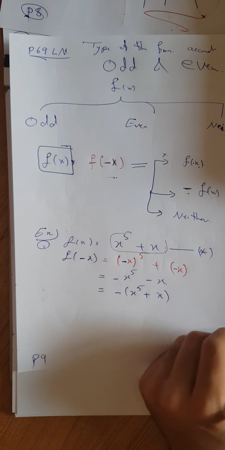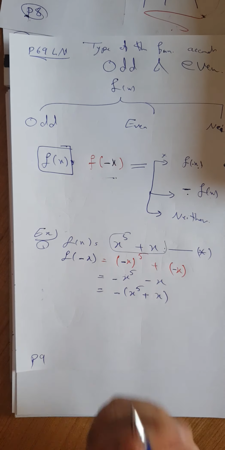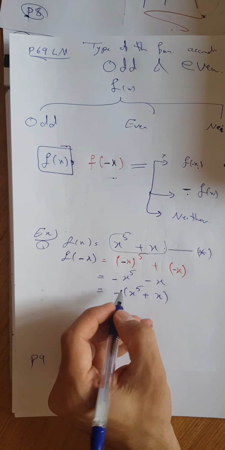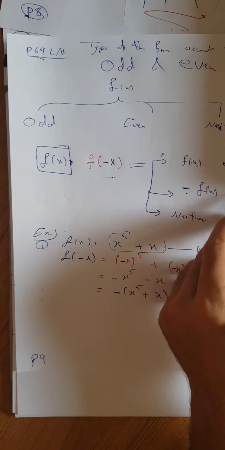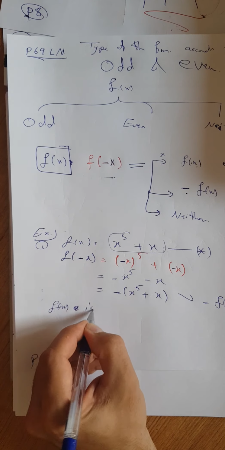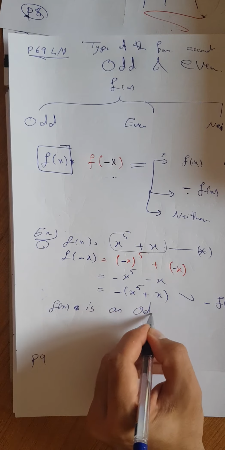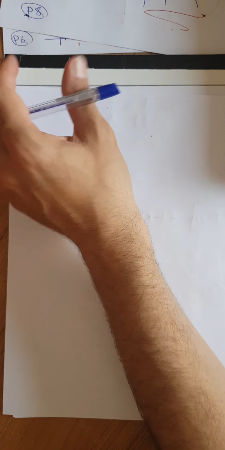So I got this one. This one is equal to minus f of x. Yes. So it means that the function f of x is an odd function.